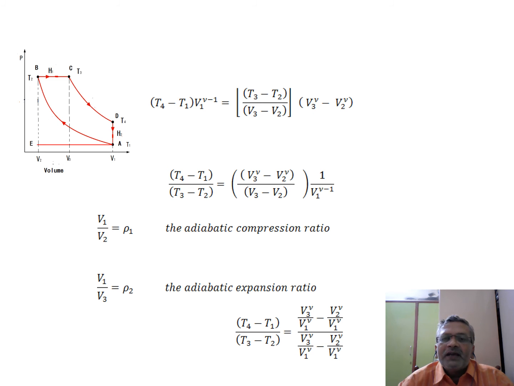So the above equation becomes (T4 minus T1) into V1 raised to gamma minus 1 is equal to (T3 minus T2) divided by (V3 minus V2) into (V3 raised to gamma minus V2 raised to gamma).